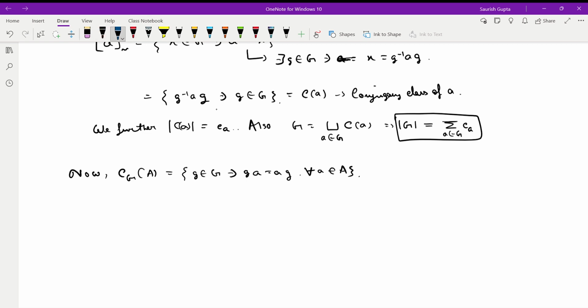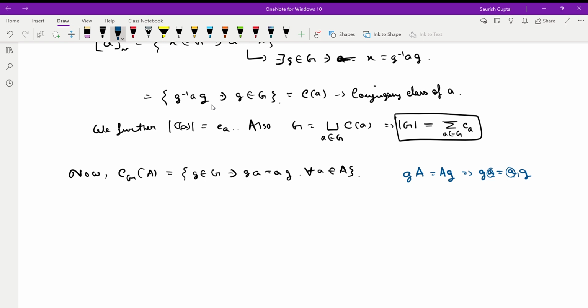These two definitions are obviously not exact. Writing gA equals Ag implies that ga equals a1g, where a and a1 are both elements from capital A but may not be the same, while for the centralizer, ga equals ag, we are restricting a and a1 to be the same. So the normalizer is sort of a higher concept than the centralizer in a way.